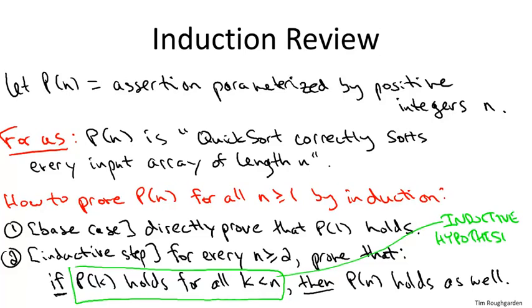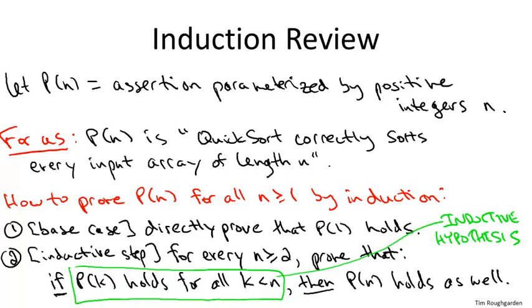So if you manage to complete both of these steps, if you prove the base case that P of 1 holds directly, and also you argue that assuming the inductive hypothesis that the assertion holds for all smaller integers, it also holds for an arbitrary integer n, then you're done. Then in fact, you have proven that the assertion P of n holds for every single positive integer n. Right?